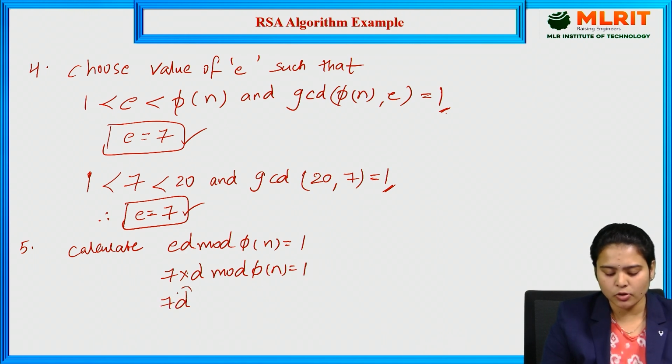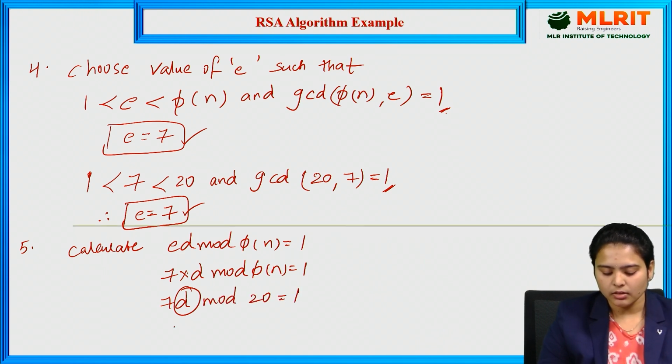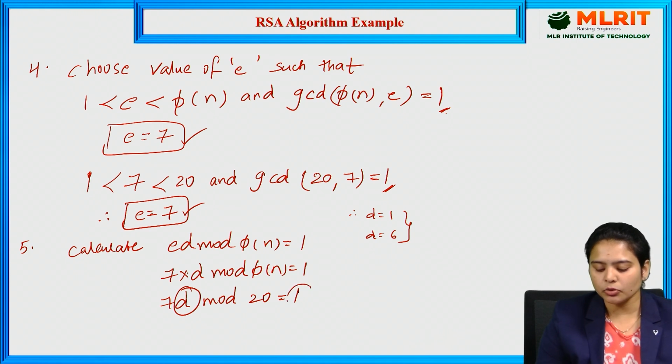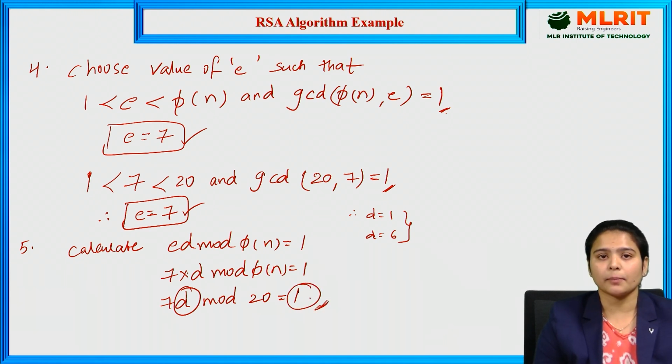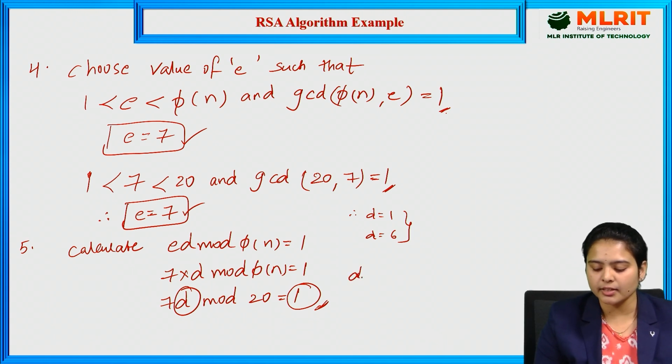We don't know the value of D, and phi of N is 20. So 7 into D mod 20 equals 1. For example, we are going to calculate for D equals 1 up to 6, and we need to get the result equal to 1. For example, I am here taking the value of 3.